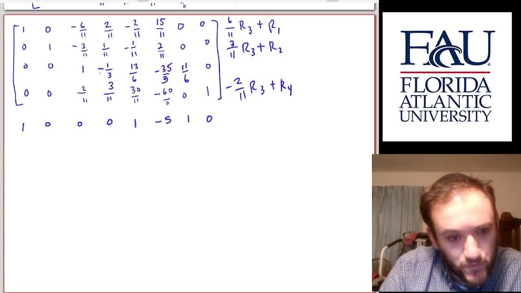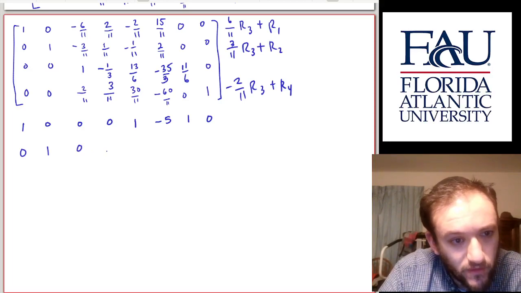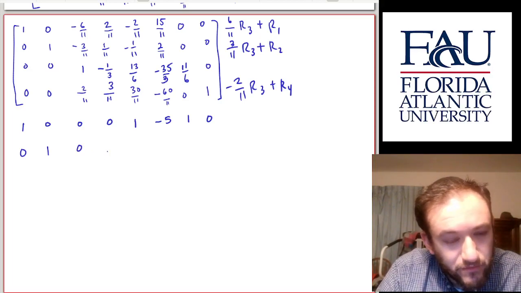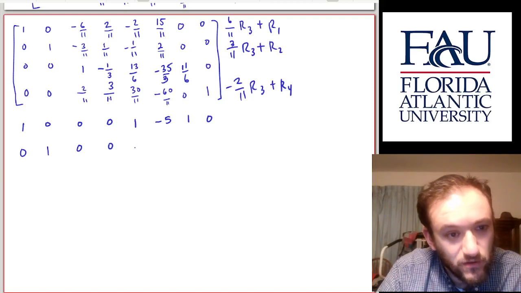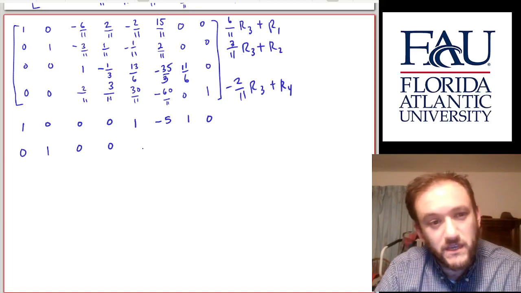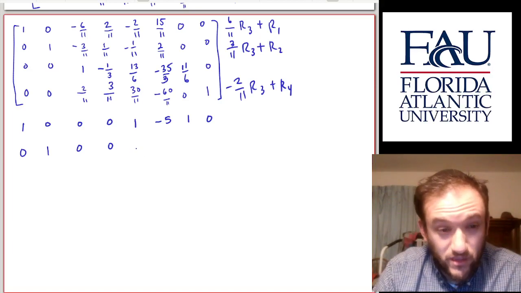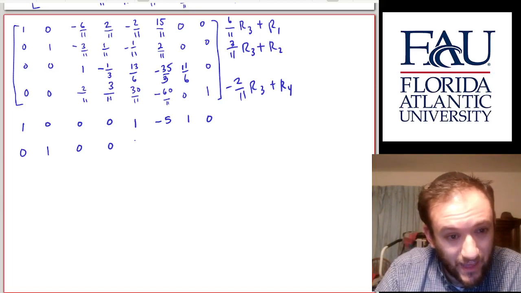Okay, row 2, we have 0, 1, 0, and then 3 over 11 times minus a third is minus 1 over 11, so we get 0. Then we have 39 over 66 minus 1 over 11 is 6 over 66, so it's 33 over 66, which becomes 1/2.